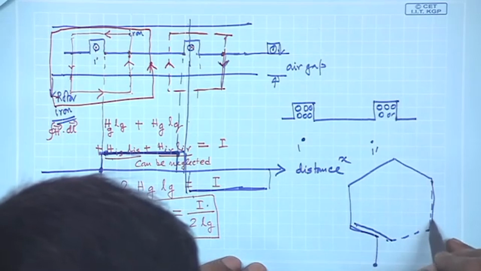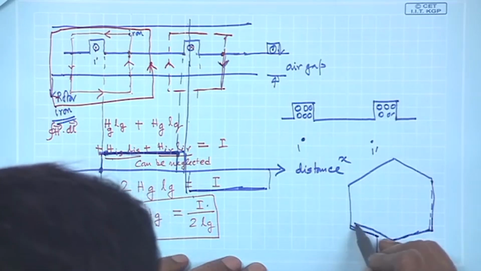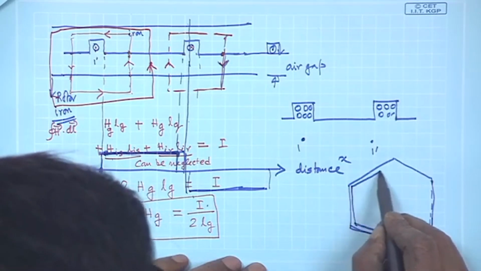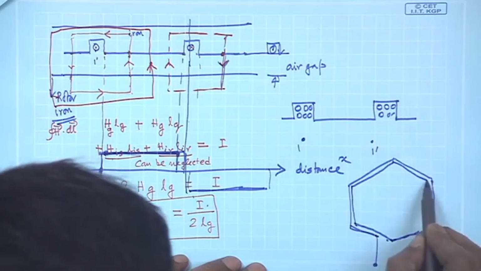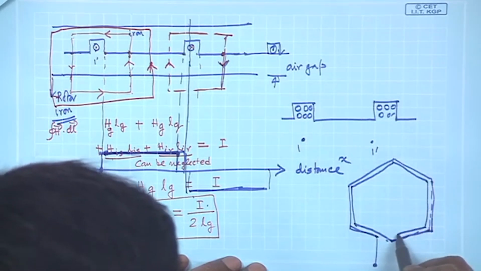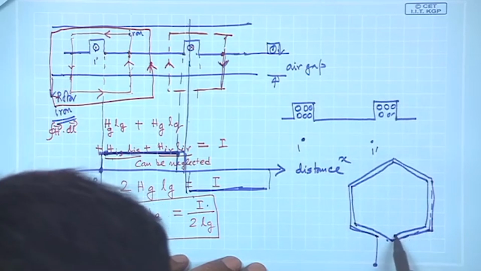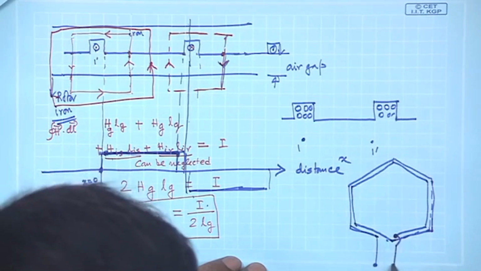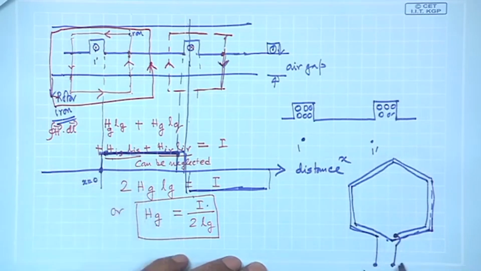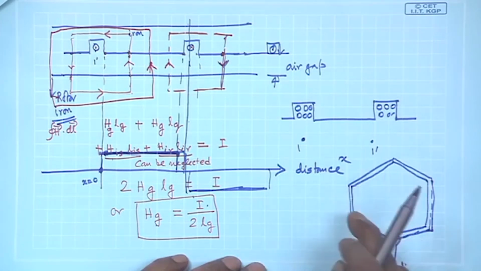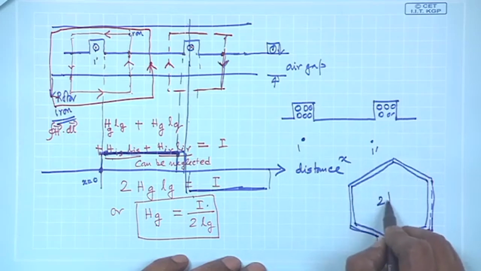I mean, draw a firm line, how does it matter. Come out here, and suppose I stop here. So, this will be my 1 dashed 1. So, it will be a two-turn coil.